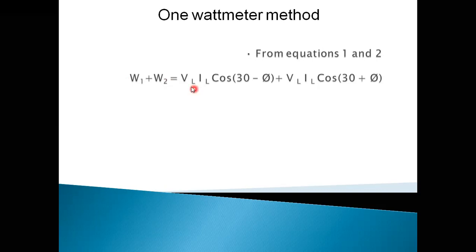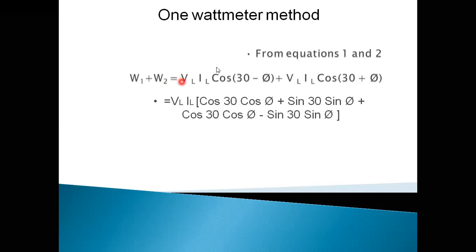I'll get VL IL cos 30 minus 5 plus VL IL cos 30 plus 5. Let us expand cos 30 minus 5 and cos 30 plus 5. VL IL will be the same. So cos 30 minus 5 is cos 30 cos 5 plus sin 30 sin 5.